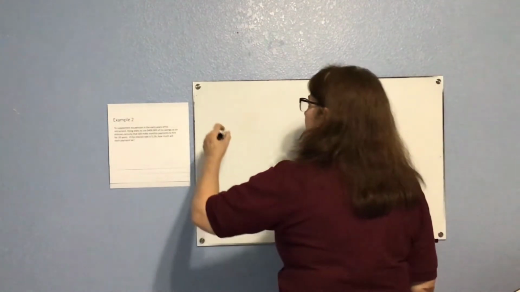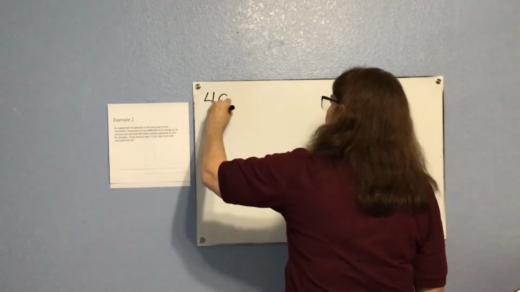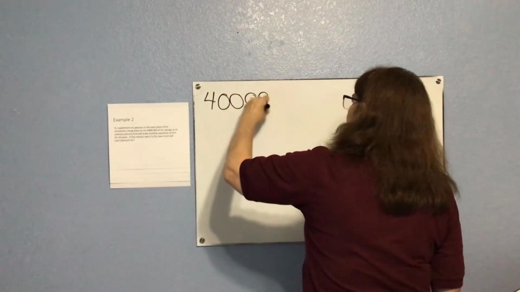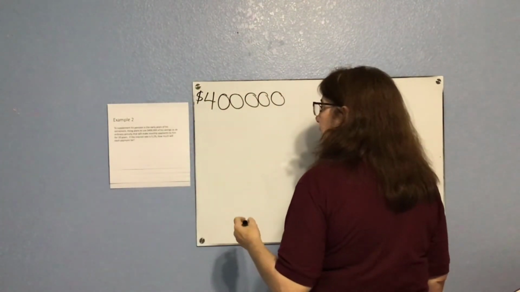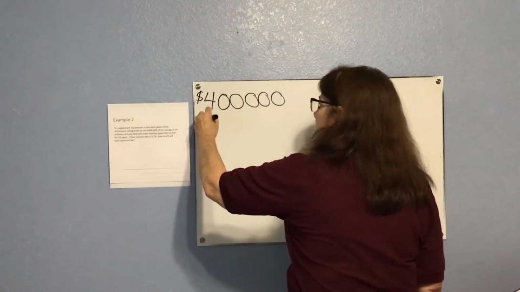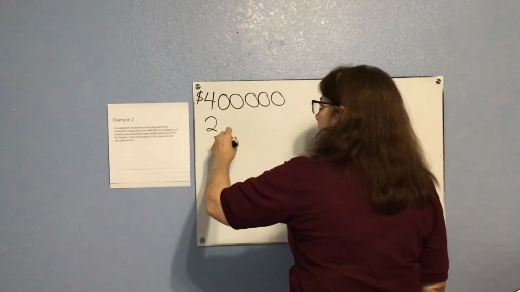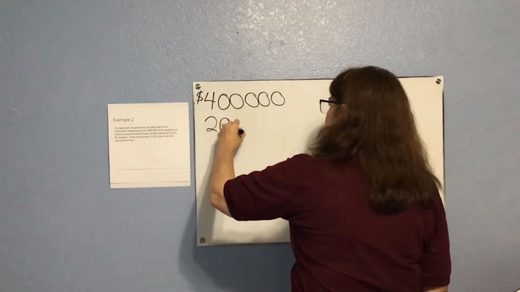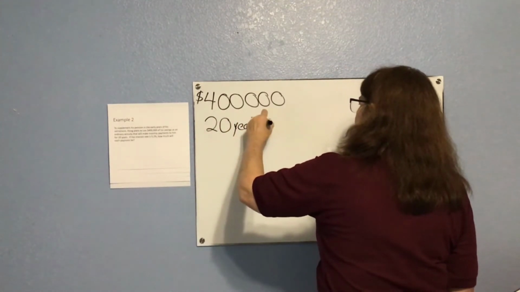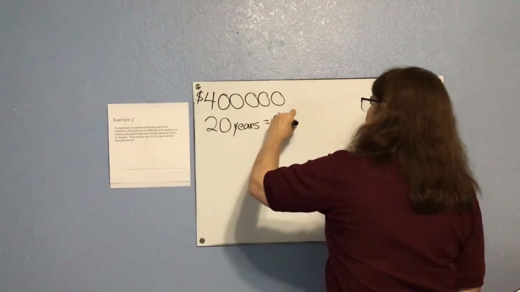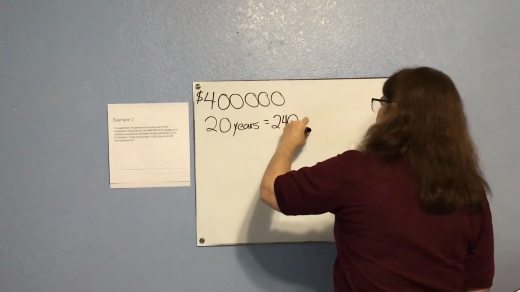So we know Hong is starting with $400,000, and he wants to make payments for 20 years, monthly payments, so that's 240 payments.